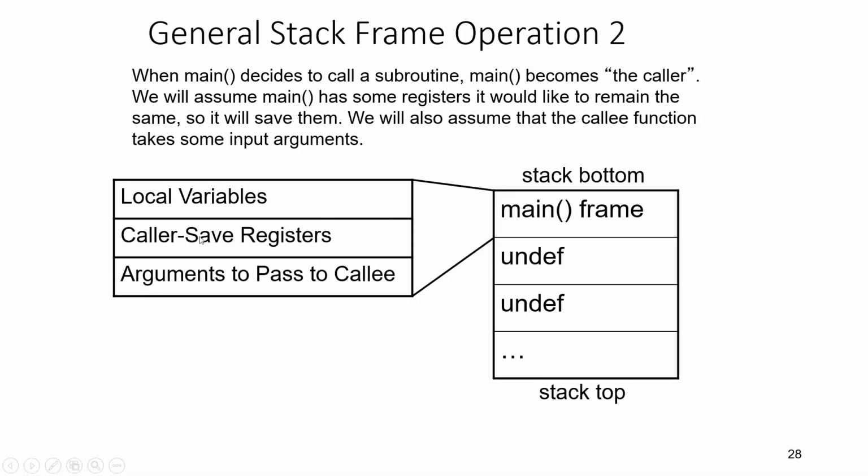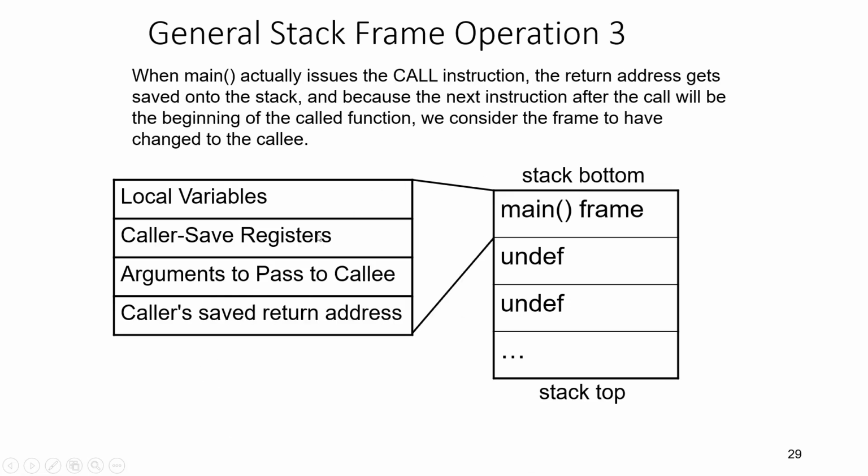Now whenever it is about to call a function, it saves some of its registers, EAX, EBX, ECX. As I said, the caller saves registers and arguments to pass to the callee. Suppose it's calling subroutine with 1, 2, 3. Then 1, 2, 3 are placed in the reverse order, 3, 2, 1.